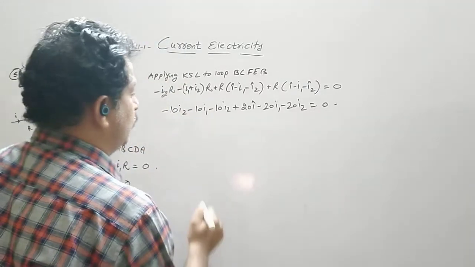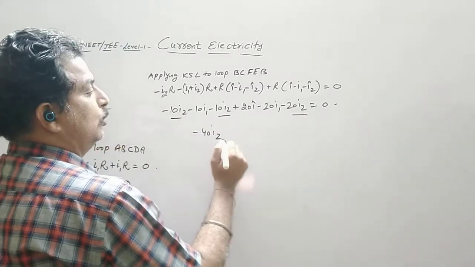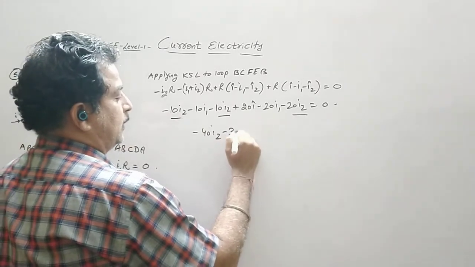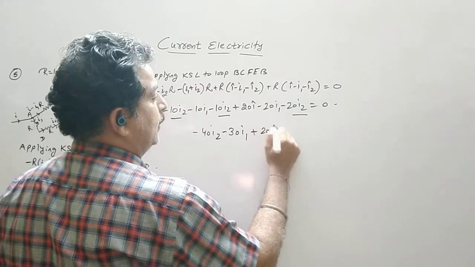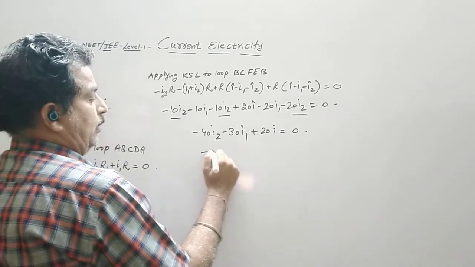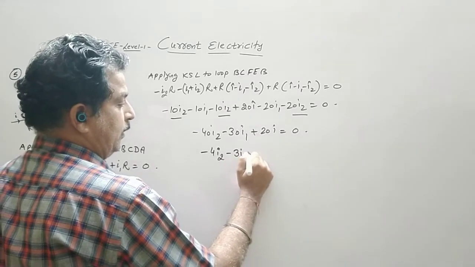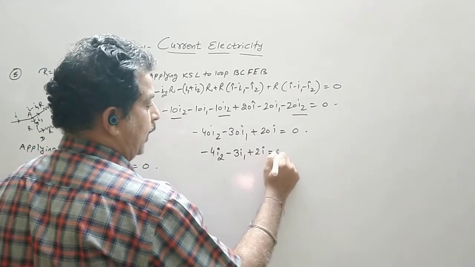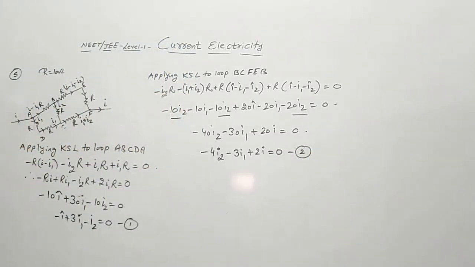Let us collect the I2 terms: minus 40 I2, then minus 30 I1, and then we have only one term, 20 I is equal to 0. Now we divide this by 10 again. So minus 4 I2 minus 3 I1 plus 2 I is equal to 0. So this is equation number 2.